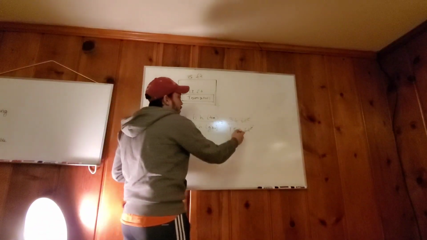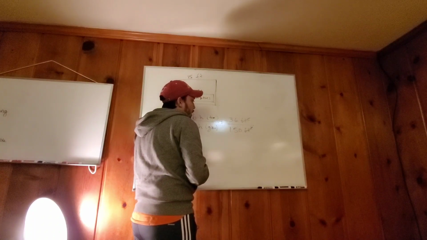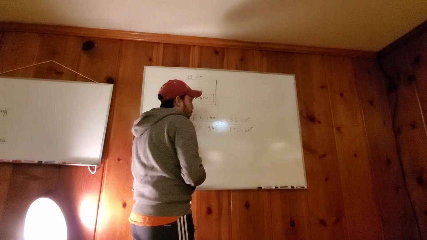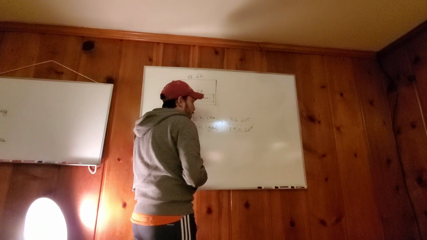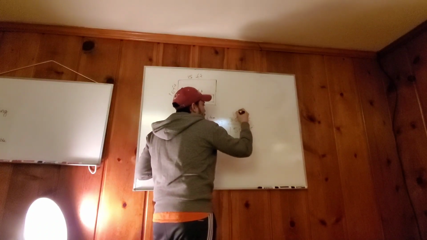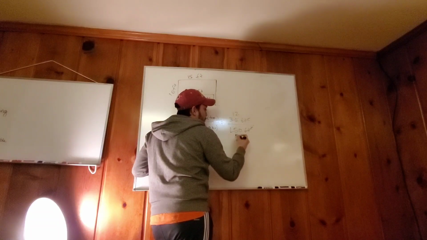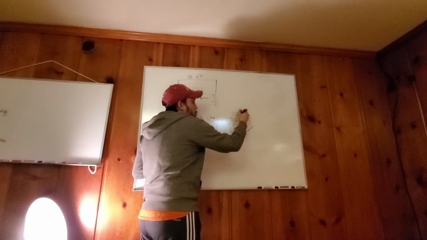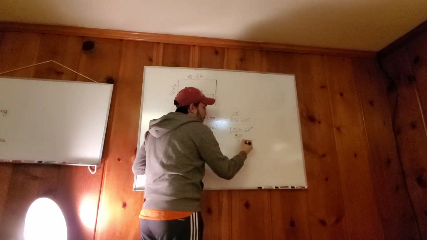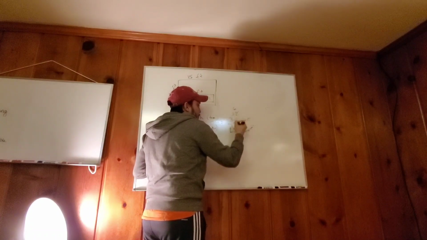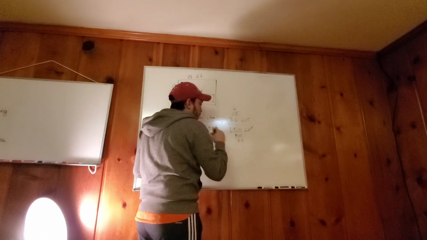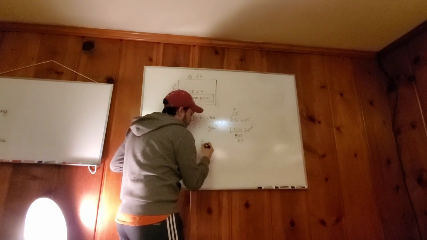And then we have 36 over 150. They can both be divided by 3. This would be 12 and this would be 50. And then by 2. This would be 6 and this would be 25. So 6/25 is the probability.